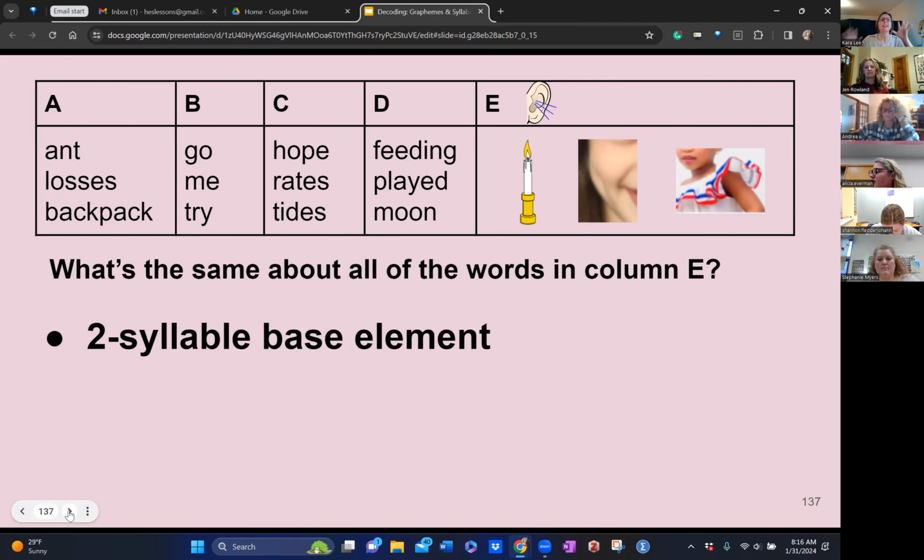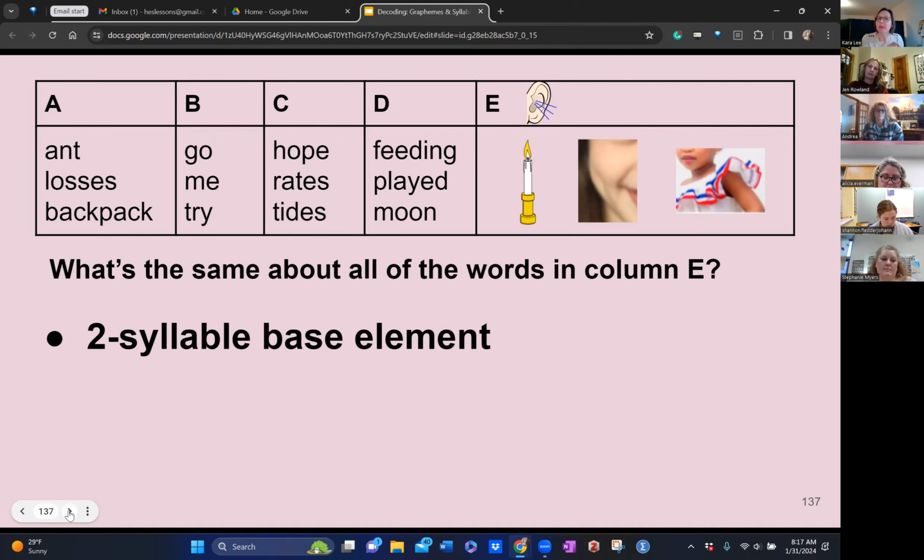So now we have a situation that we have not had before with our kids, and that is a two syllable base. Please be very clear about what I'm saying here. I'm not saying that we haven't studied two syllable words. You need to be very clear in your terminology and hear what I'm saying.